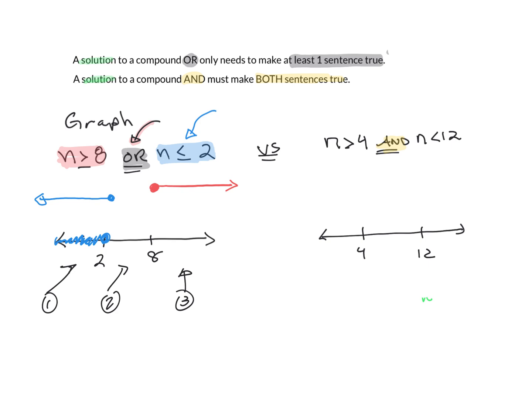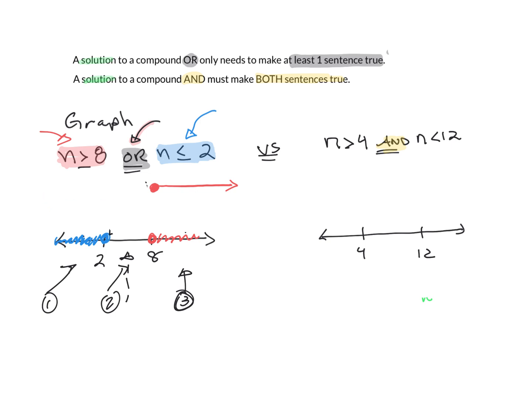Notice in the middle of the interval between 2 and 8, there aren't any colors. So there is nothing that's going to make those true, so those don't get shaded. And then the third interval, notice it has red above it. So that means anything to the right of 8 will make this first one true.